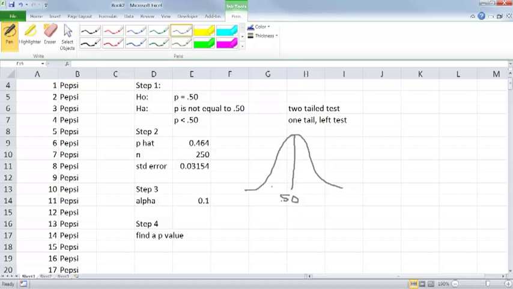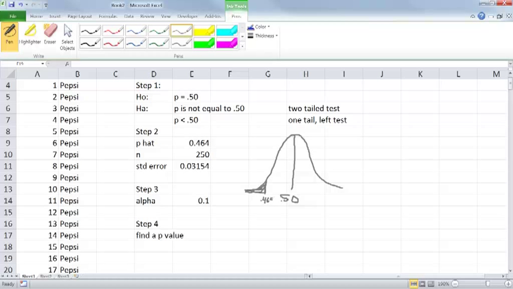And then we want to see the probability of something being over here for a left tail test, so something way out here. Find the probability of something to the left of some sample. Well, we went and collected a sample, and our sample got 0.464.